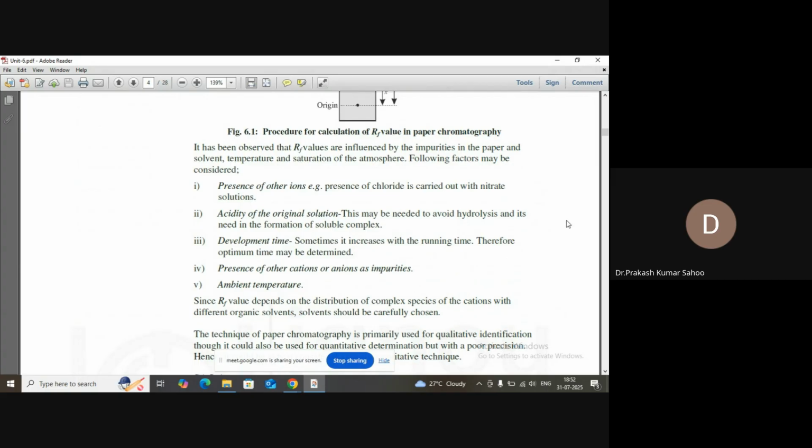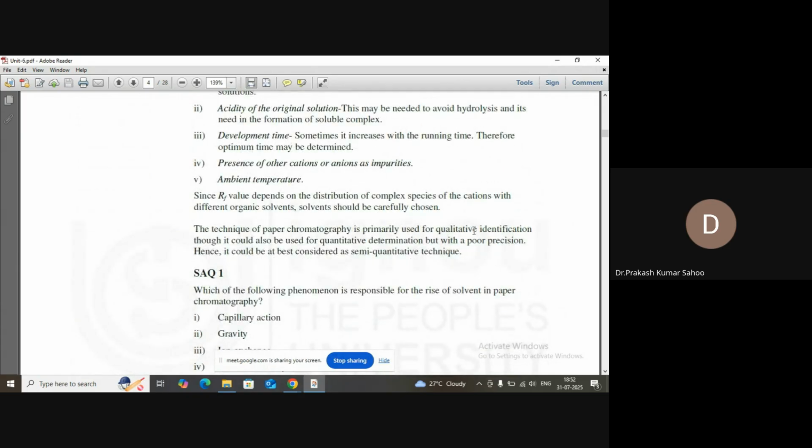Presence of other cations or anions as impurities, then ambient temperature. So these are some factors which affect the chromatography technique. Since the retention factor value depends on the distribution of the complex of the cation with different organic solvents, solvents should be carefully chosen. Yes, this is very important.